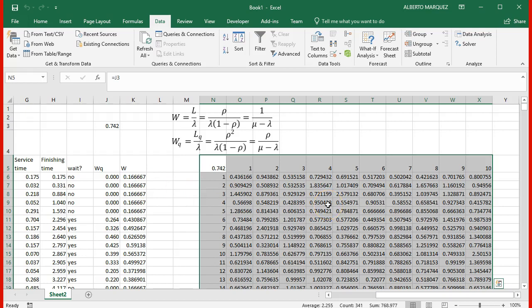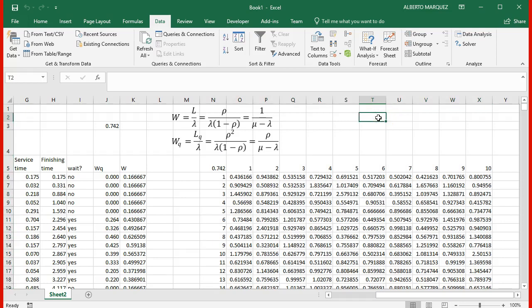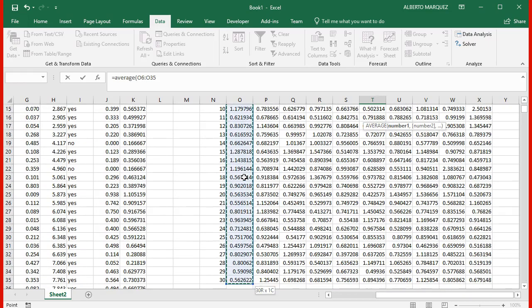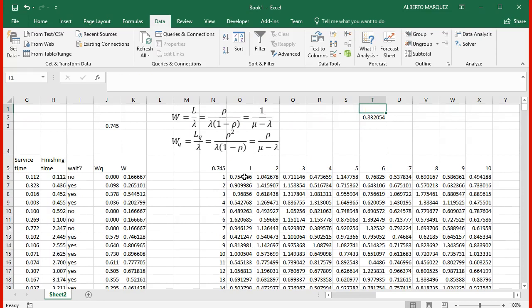And now we have 300 instances, each one with some 900 entities. So now I can compute the average of all these many instances of the average time in the system.